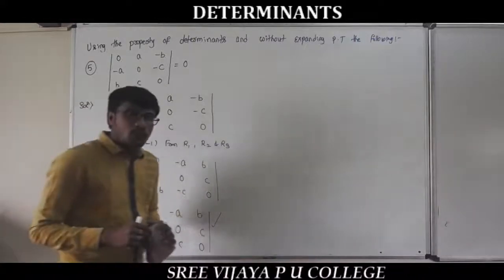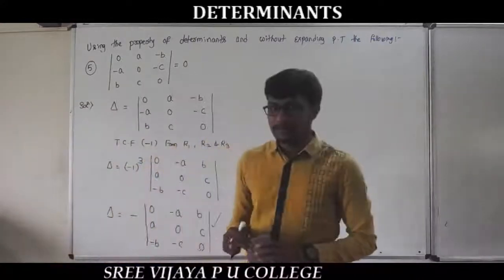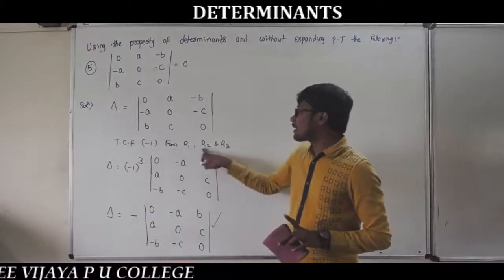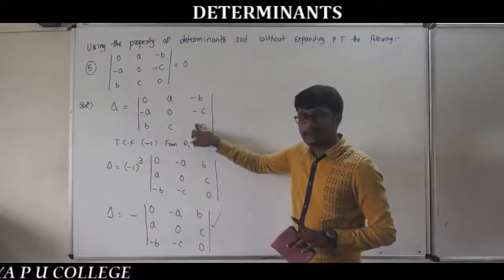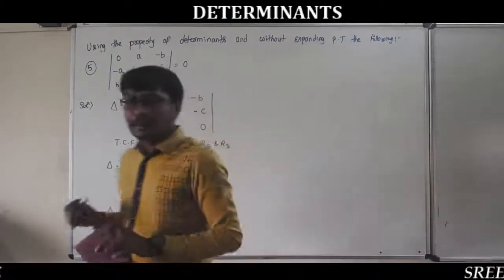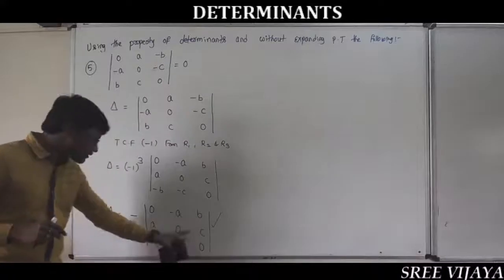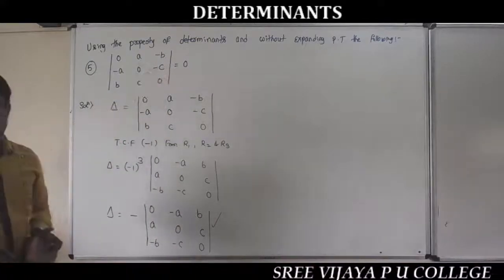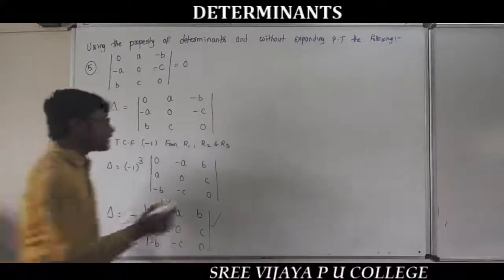What procedure can we apply? I took minus 1 from R1, R2 and R3, but if you multiply by minus again you get the same answer. So to make it 0, I will multiply by minus.